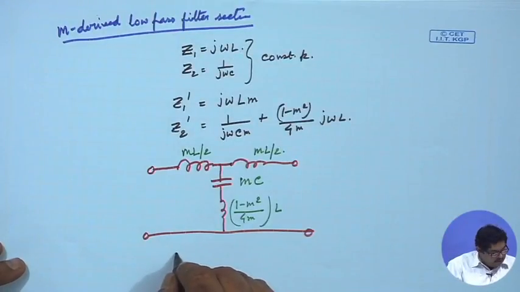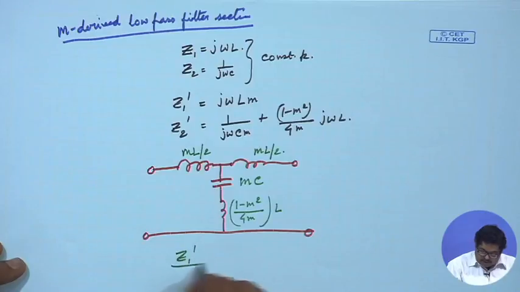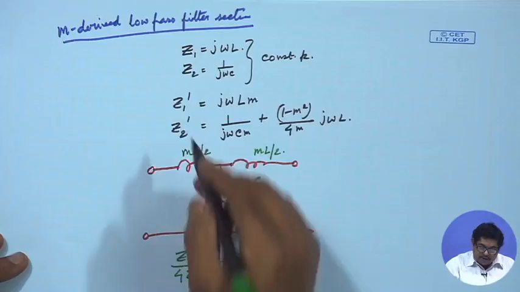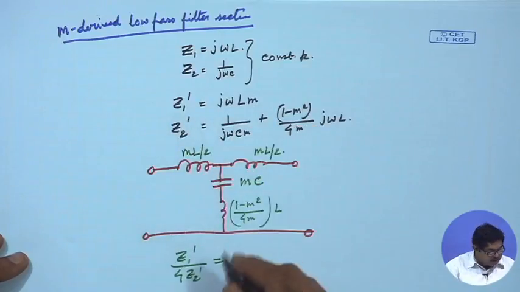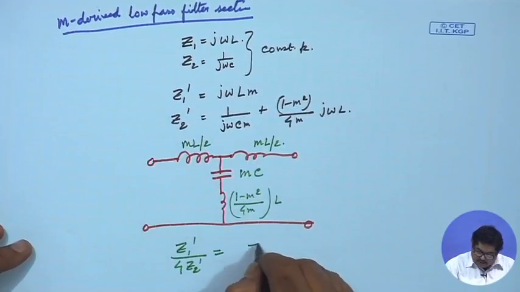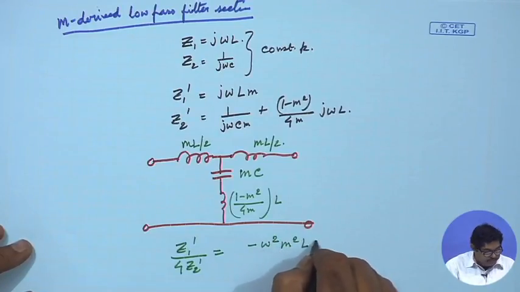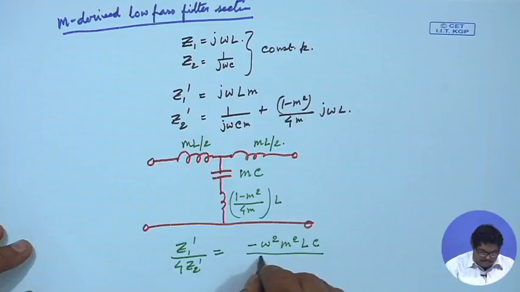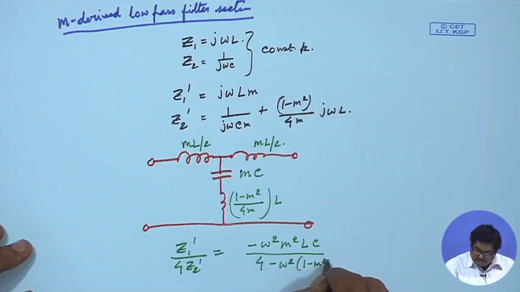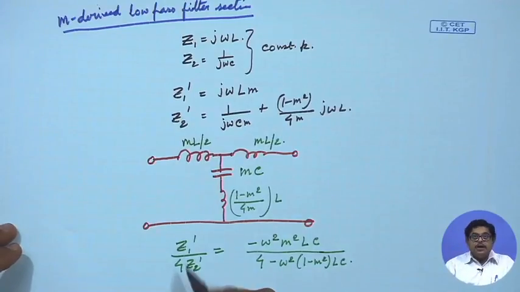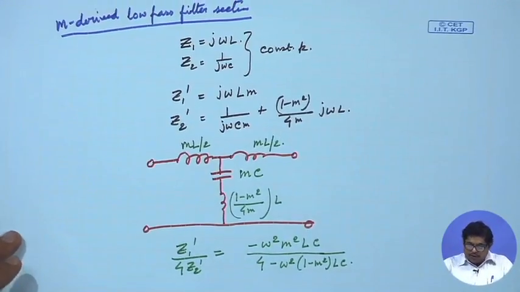So, let me find out what is the value of Z1 dashed by 4 Z2 dashed. You will be able to do this, because the Z1 dashed expression is given, and the Z2 dashed expression is given. If you do this, it turns out to be like this. Good.